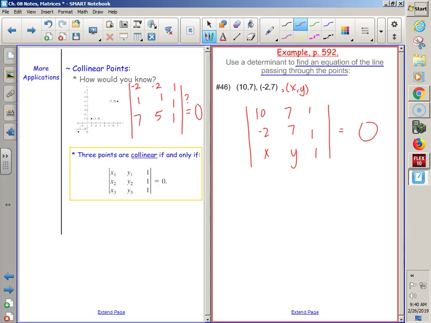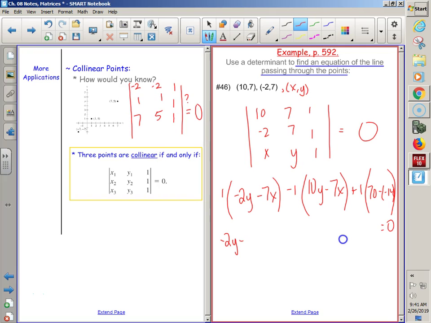Yeah. That can be a thing. I'm going to use row 3 just because it looks nicer, since it has an x and y. So I'm going to do my 1 times: -2y minus 7x, positive, negative, minus 1 times 10y minus 70, minus -14.